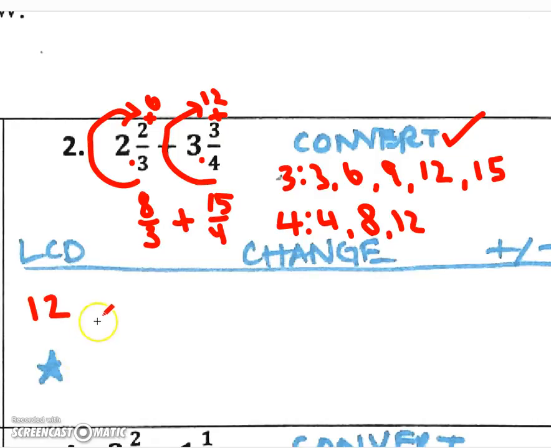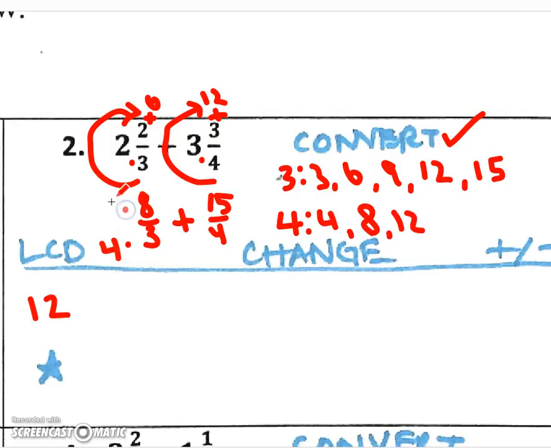Now, we have to change both of our fractions, both of our denominators to 12. So how we do that is, I'm going to start with this fraction on the left, 8/3. And I'm going to look and see what I have to multiply 3 by to make 12. Looks like I have to multiply 3 times 4 to make 12.